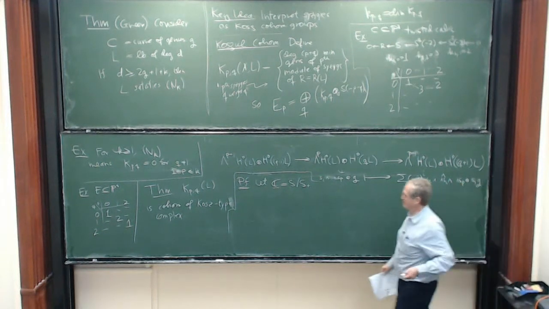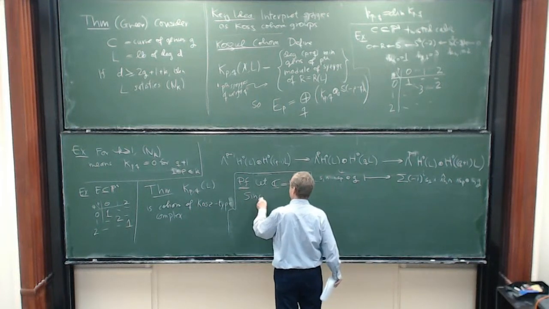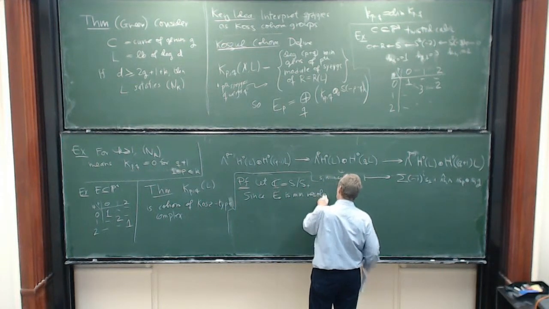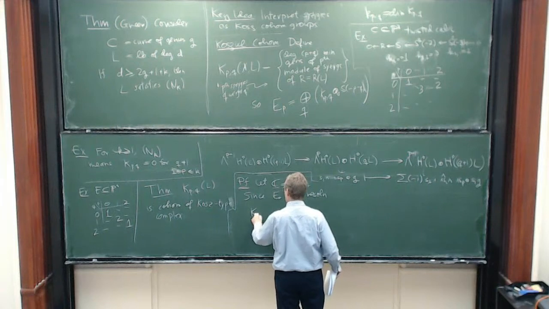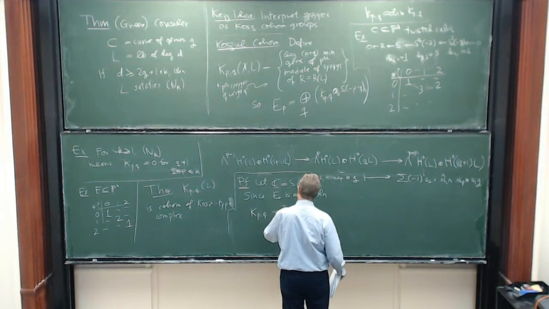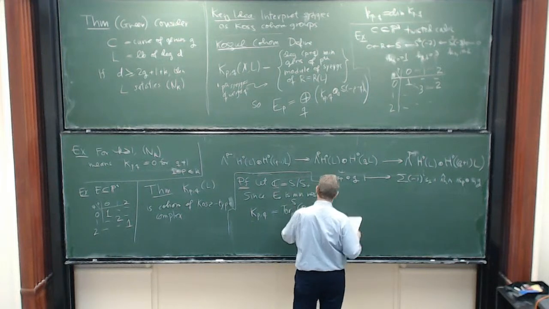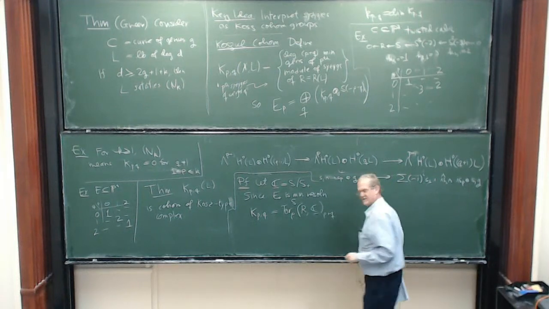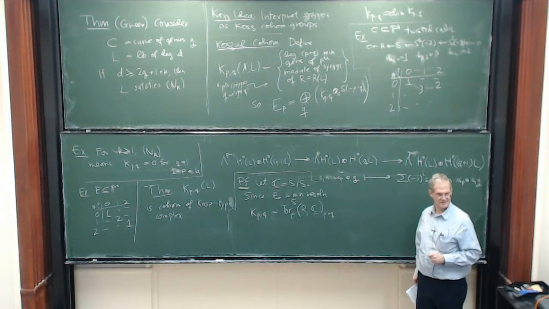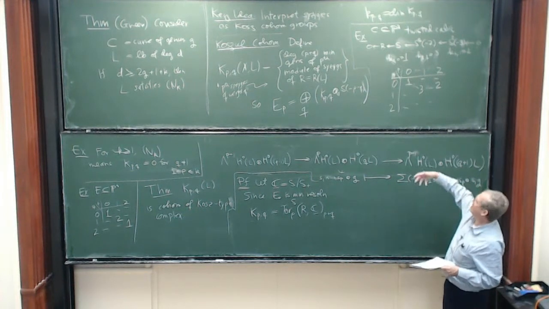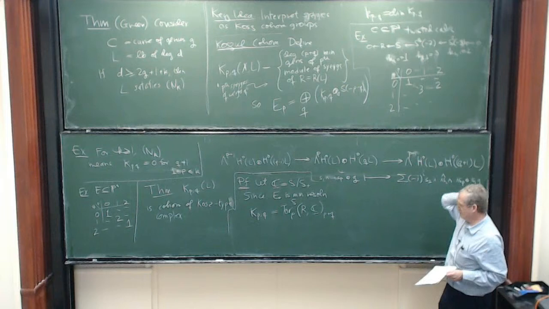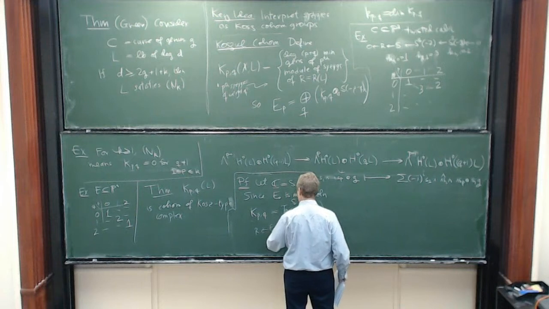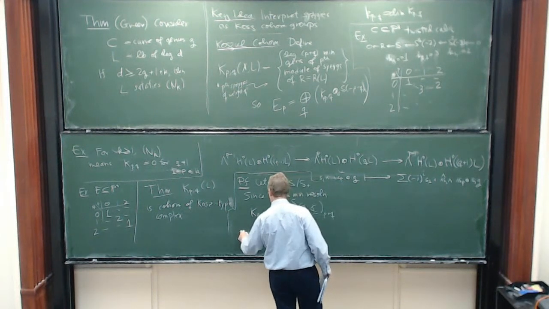Okay, and now I claim that, since E dot is a minimal resolution, this K_{p,q}, it's just Tor_p over S of this module R against C, and I take the degree p plus q part. I claim that this is kind of obvious, because how can you compute these Tors? So what you do is we resolve R like this.